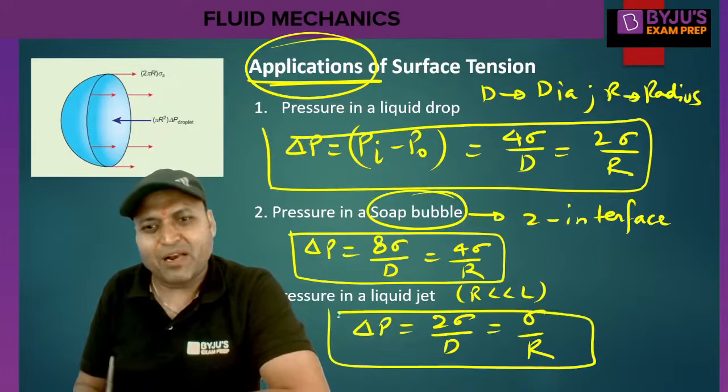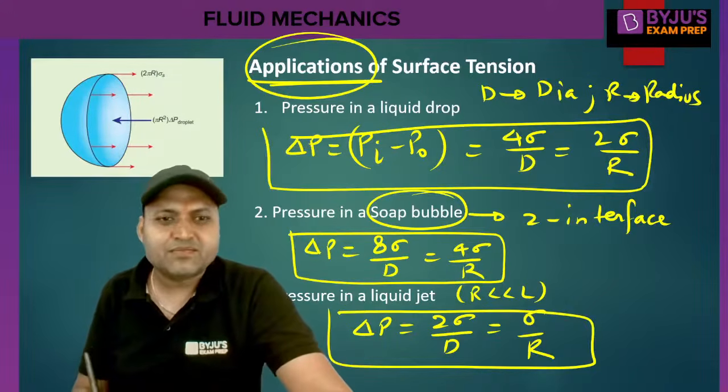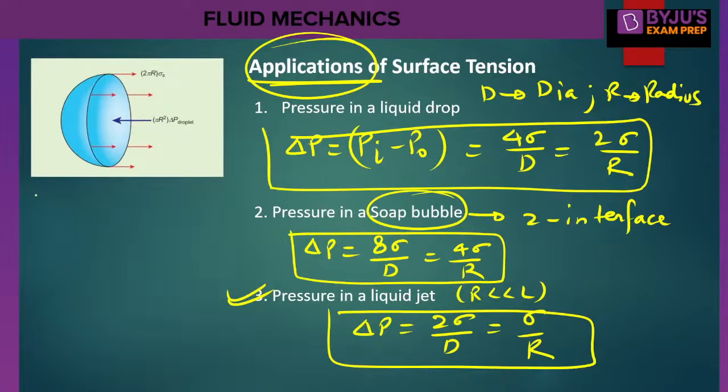For an air bubble, what is the formula for delta P? Air bubble is similar to liquid drop. Air bubble is having only one interface.